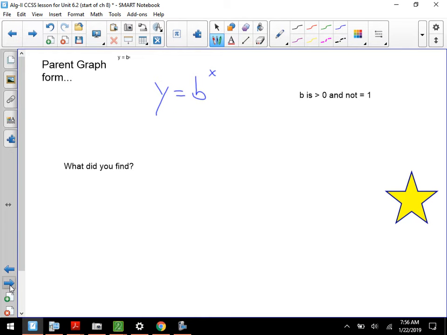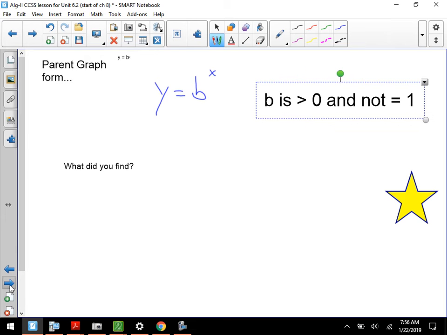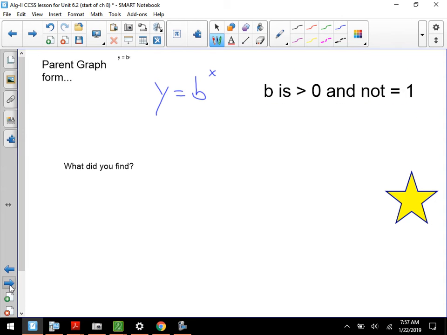Where b is greater than 0 and it is not equal to 1. B is always greater than 0 and it's not equal to 1, because if it was equal to 1, everything would just be 1 and be linear. Because 1 to any power is always going to be 1. So that's why we say that.